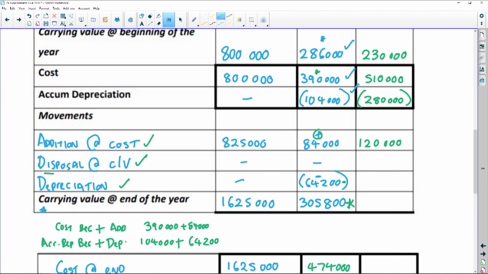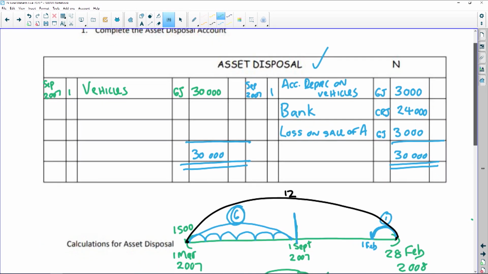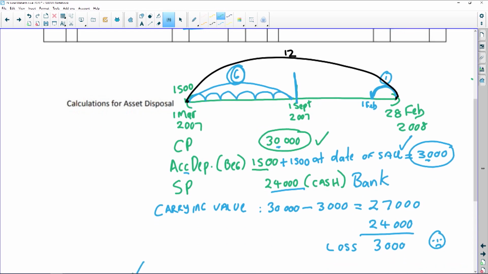Then your disposal at carrying value. Now remember guys, there was an asset disposal and you have to record this at cost minus accumulated depreciation at the date of sale. So if we go back to the previous calculation right in the beginning where we did asset disposal, and this is why your calculations are so important, there's your carrying value.